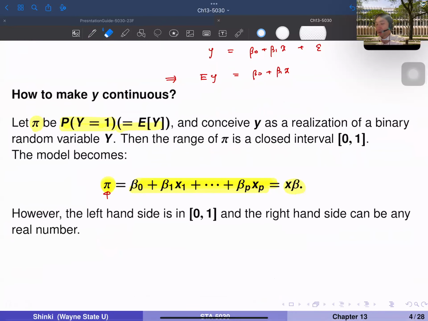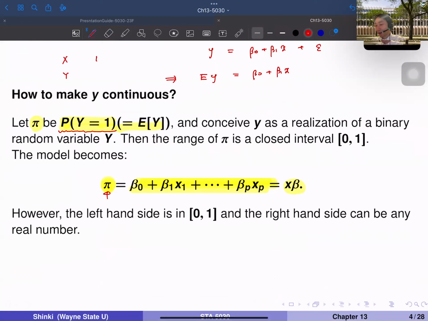To make the response continuous, the idea is to take expectation, or to take probability. So we consider the probability that y is equal to 1. Our realization is either y equal to 1 or 0, but we consider, given predictor values, what's the probability that y is equal to 1? Suppose x is the height of a person, and y is whether the person is 18 years old or more.